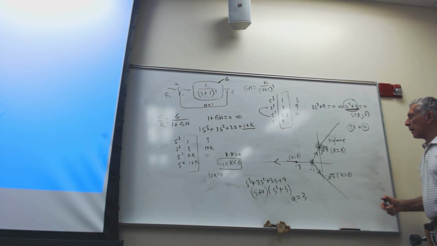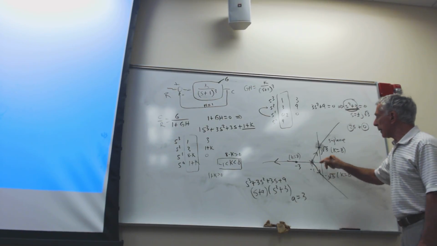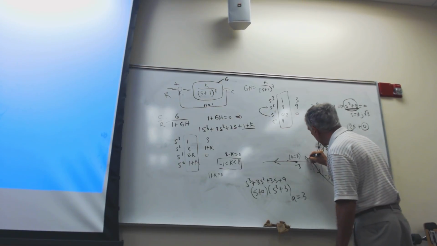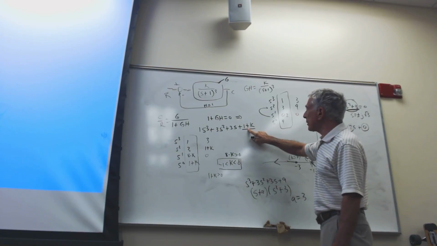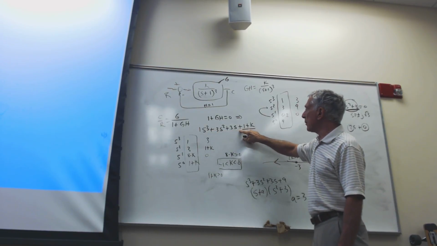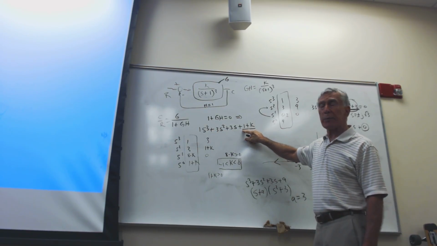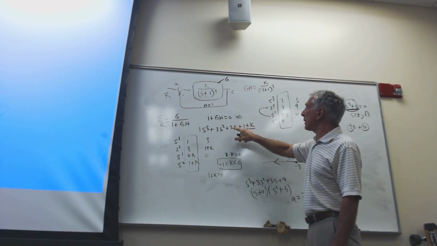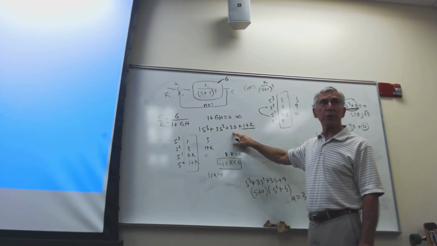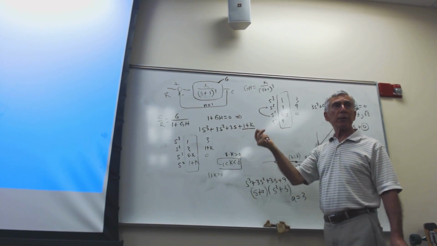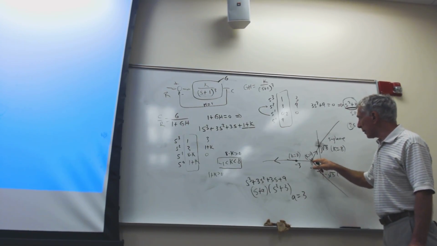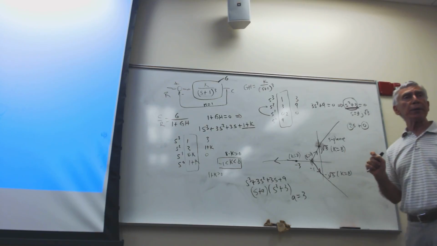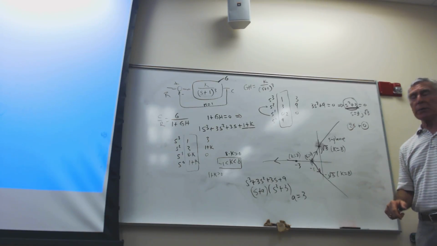See, this point here would correspond to k equals 0. When k equals 0, notice that what you get is this, which can be factored. Remember, it came from that, so it can be factored into s plus 1 cubed. So you have 3 poles at -1 when k is equal to 0. So there, that's the starting point of the root locus.